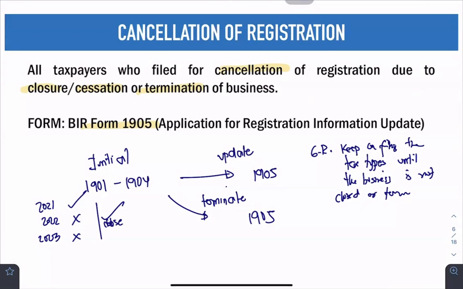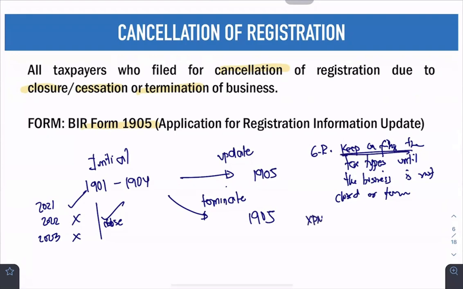Do you still need to file those taxes under your 2303? Not anymore. So again, if you already canceled your registration, then it means that you don't have any requirement to file the taxes. But if you did not yet cancel, then you need to keep on filing the tax type.